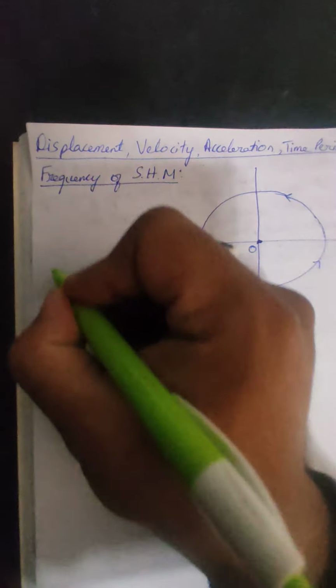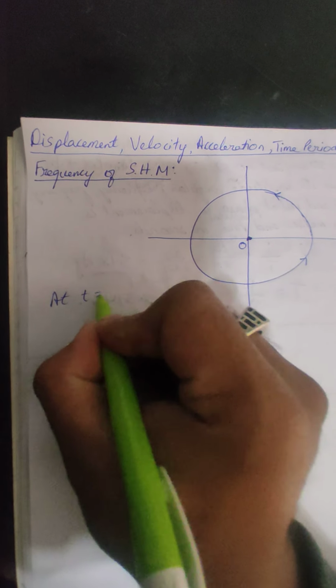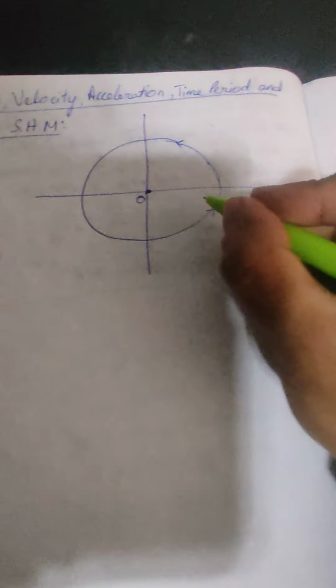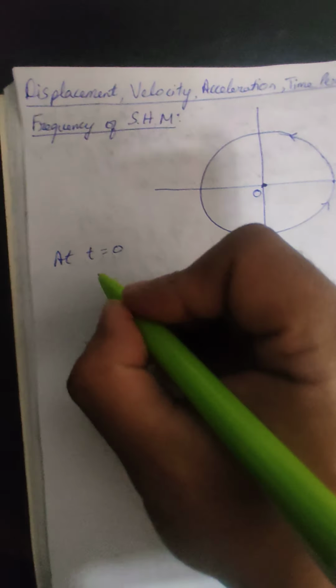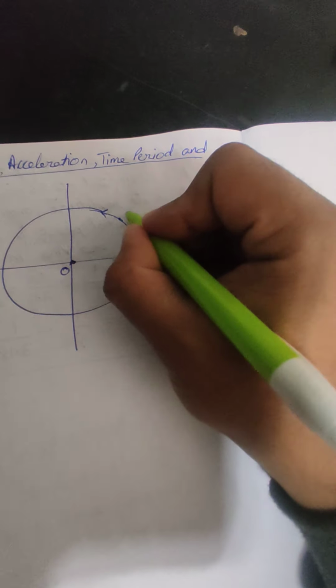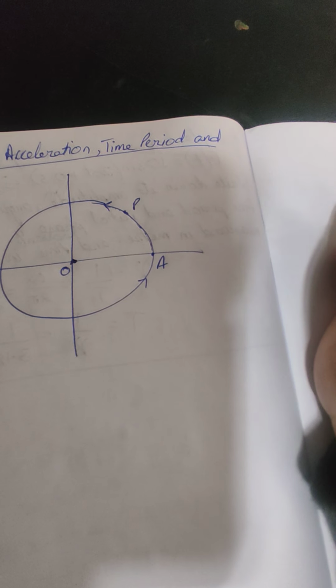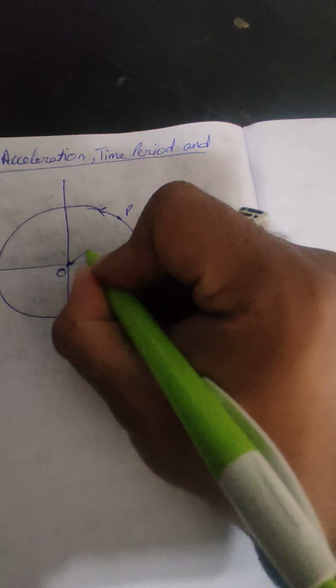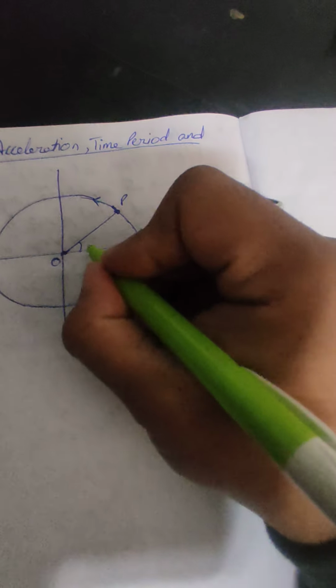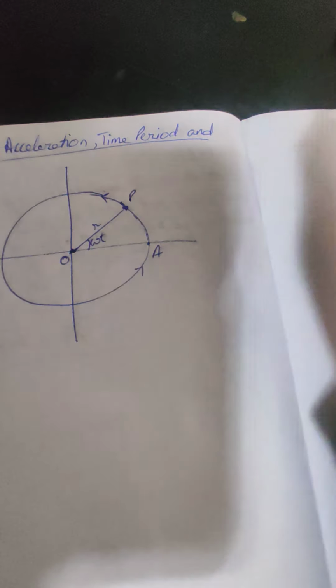Now at time t equal to 0, let the particle be at the point A, and after time t, let the particle be at the point P. So it makes an angle omega t with the radius.